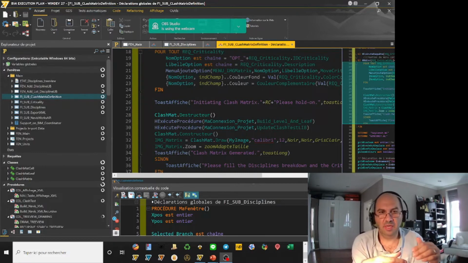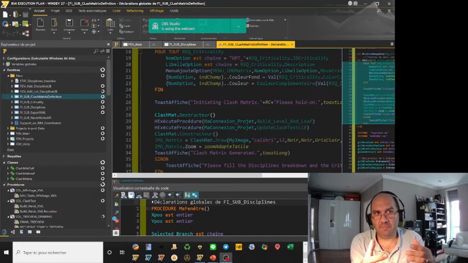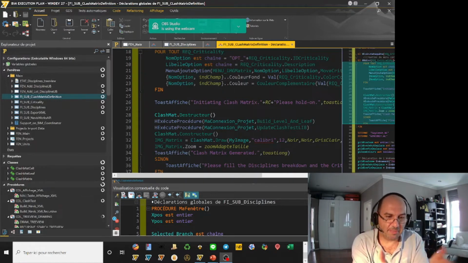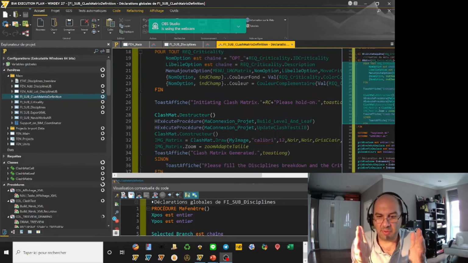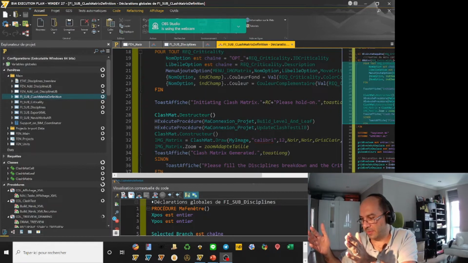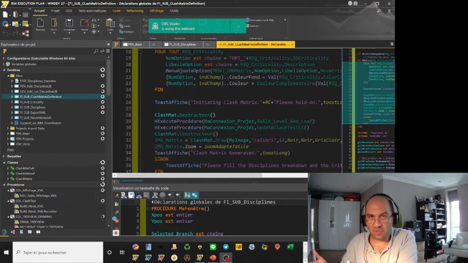And to solve this issue, you have several options. You can do each step by hand, and as you have many revisions, you will have many recurring cycles of delivering first the disciplines, then the coordination matrix, then the BIM execution plan, then the information for the supply chain.